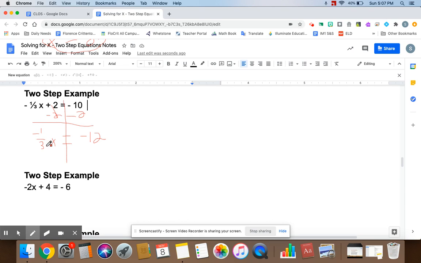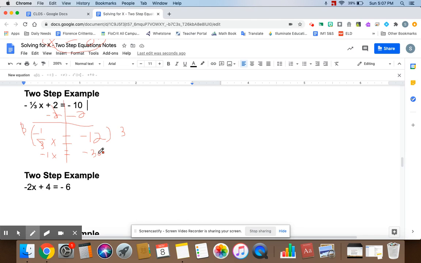When it's just the fraction, now I can multiply the bottom away, because the inverse of divided by 3 is times 3. So the 3 divided by 3 is going to eliminate, and I just have negative 1x. And on this side, negative 12 times 3 is negative 36.